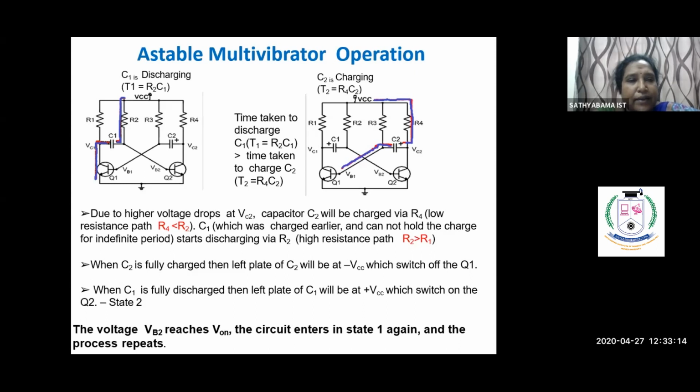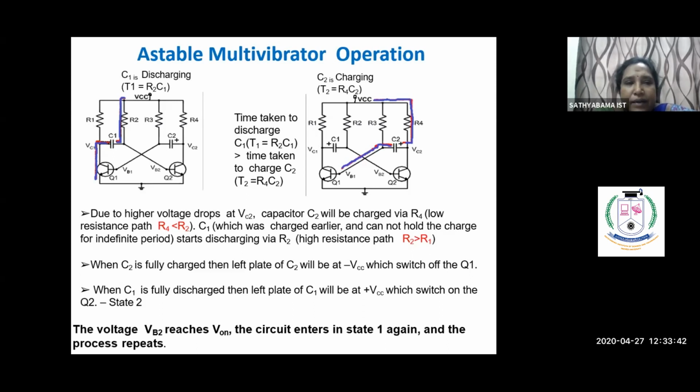The discharge of C1 is the blue line, drawn from VCC through R2, C1 discharging, and it is given through this Q1. Similarly, charging of C2 happens through R4 and C2, and it is given to VB1 of transistor Q1.